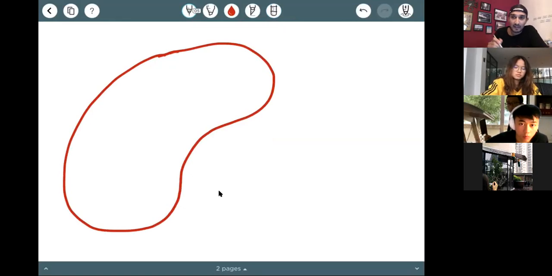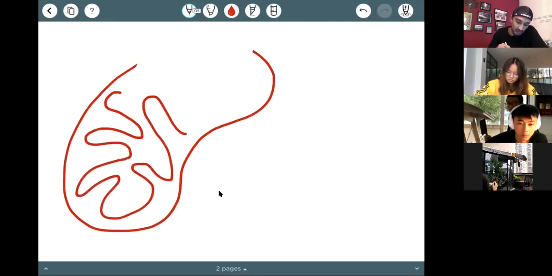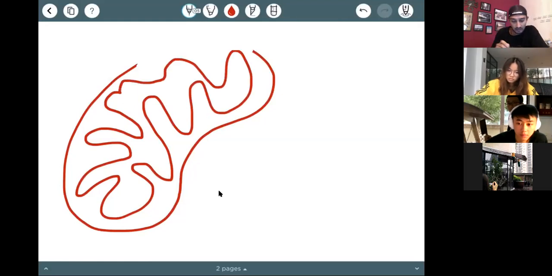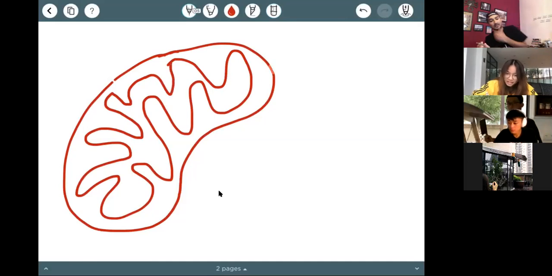And then we have our internal structure, which has these curvy folds. Do you know how much easier it is to draw on an iPad? Oops, I don't like that last part. All right.